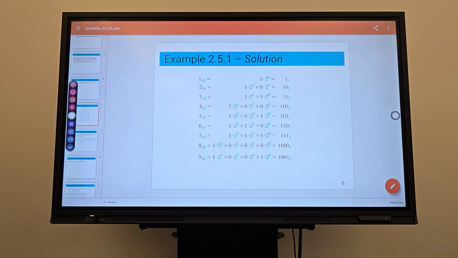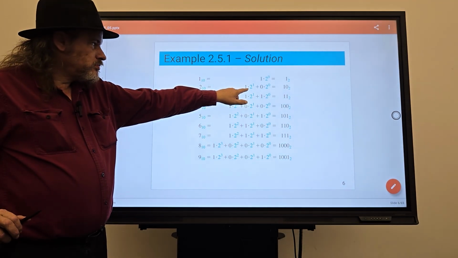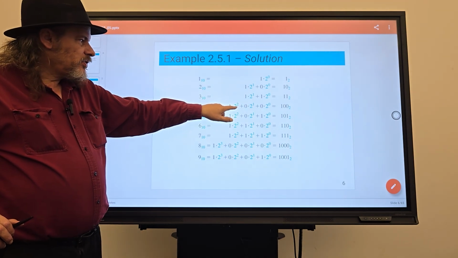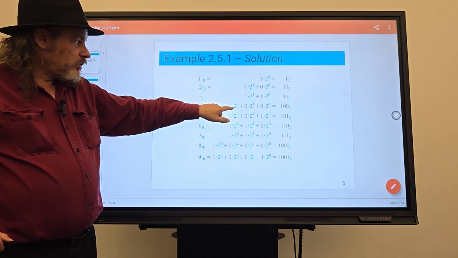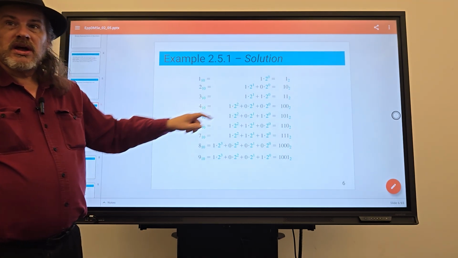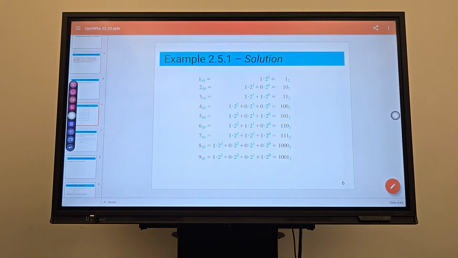The second position is the base to the first power, so 2 to the first power, or 2. The third position is 2 to the second power, or the 4's position. How many 4's are in the number, and so on down the line.